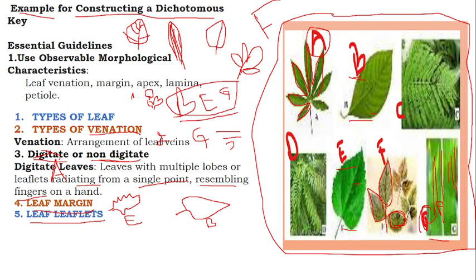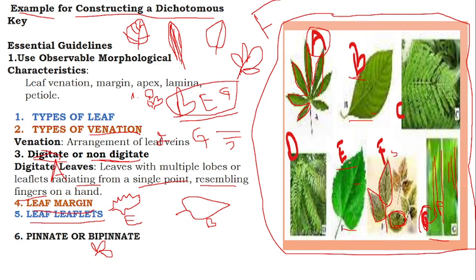Based on the number of leaflets, you see some have more leaflets. Many leaflets are here, but this one has only 3 leaflets. Here also there are many. Some have 3 leaflets, others have more. This one is identified.